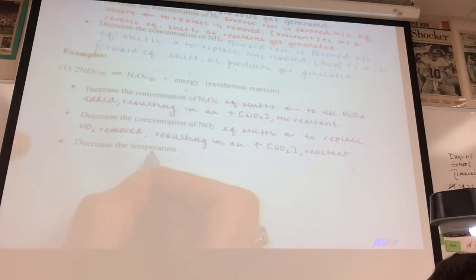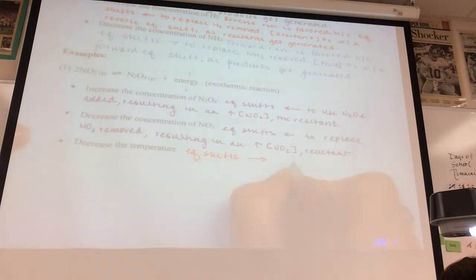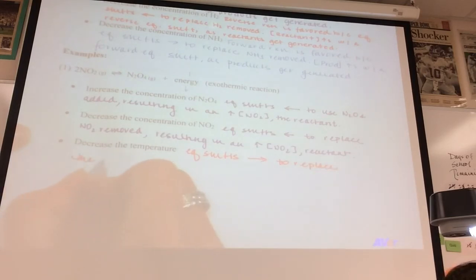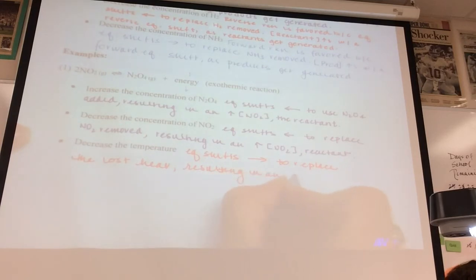When I decrease temperature, equilibrium shifts in the forward direction to replace the lost heat, resulting in an increase in product concentration.